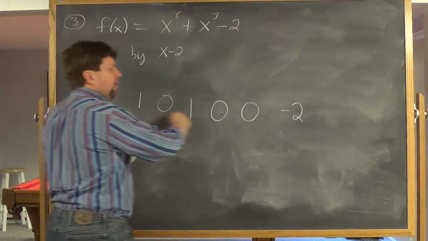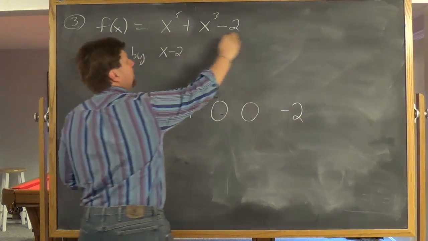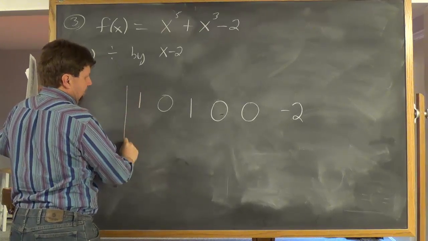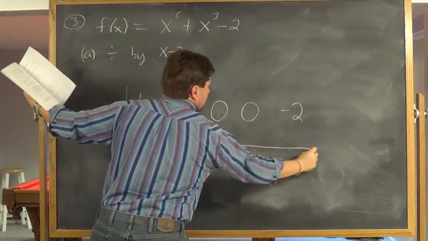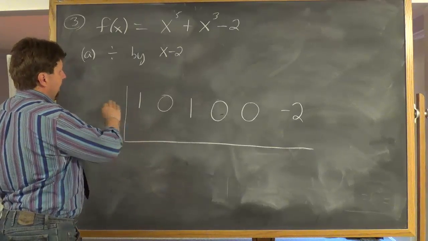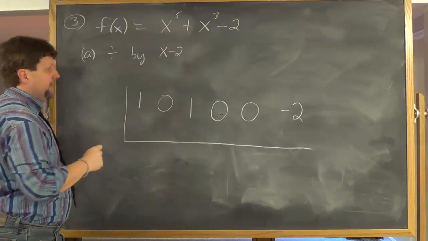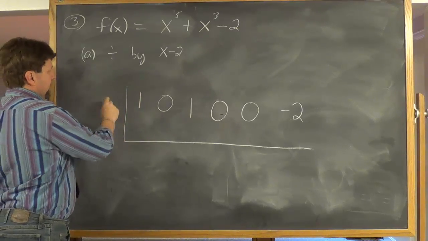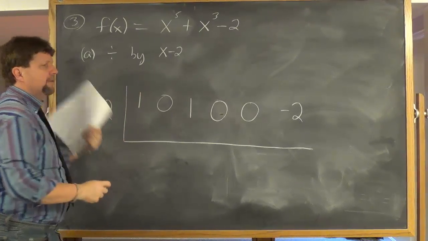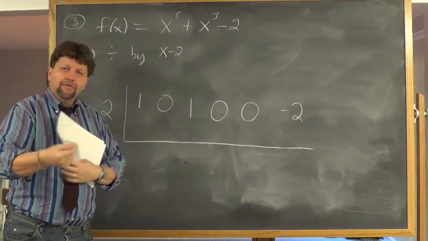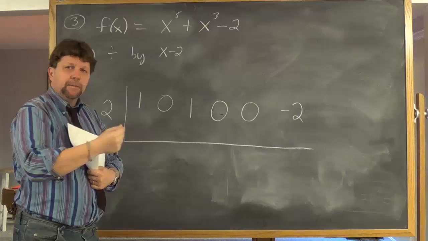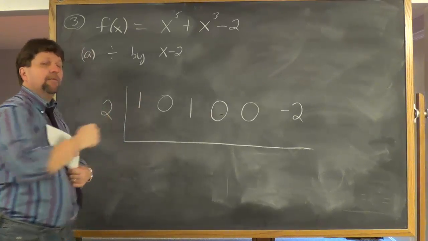So these are the coefficients of the polynomial that I'm dividing, and then you make a line or a symbol like this, and out here we put what we're dividing by. We're dividing by x minus 2, so I'll put a 2 here. Please remember the general form is x minus c, and it's the c that you put out here.